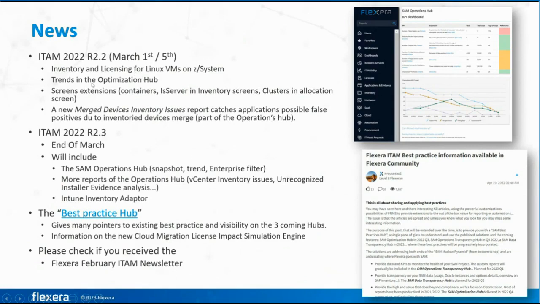We also have added the trend I was mentioning, and we have extended the screens of ITAM with some tactical items which are very practical if you use the tool intensively. For instance, this server flag that you have had in the reporting since December, and that on-premise customers have on 2022 R2, you also have in the inventory screens, all inventory and active inventory.